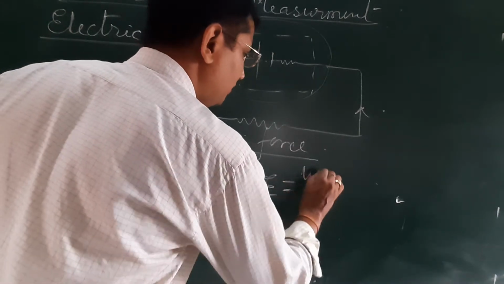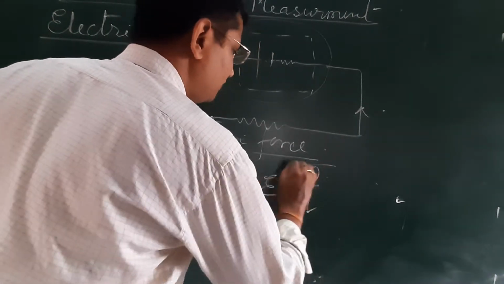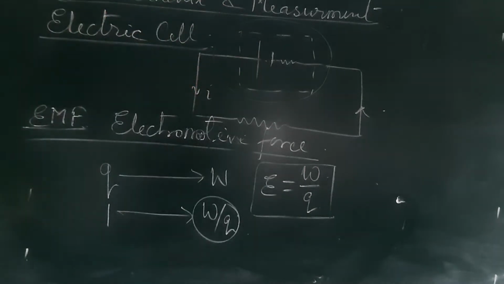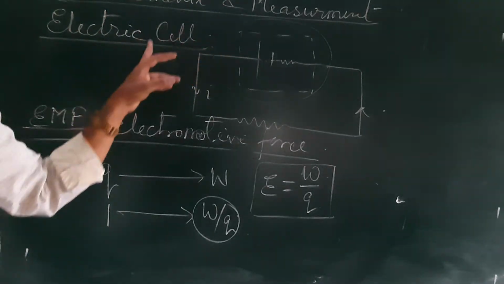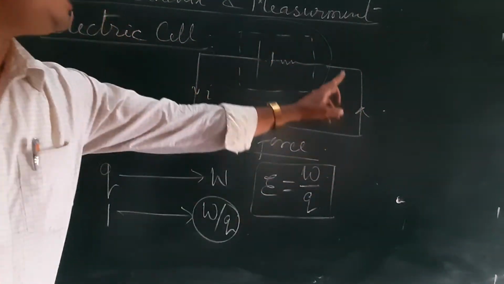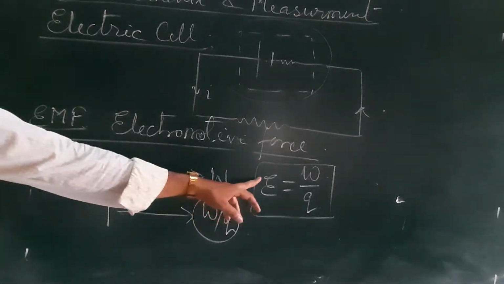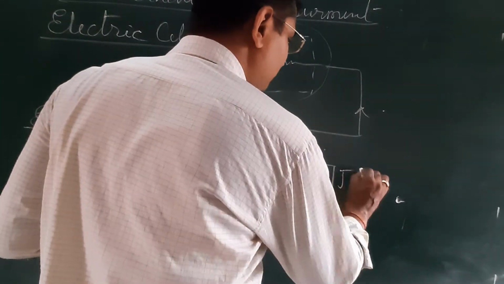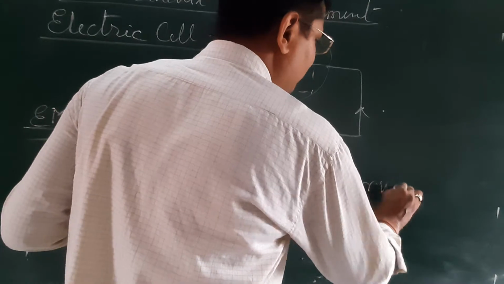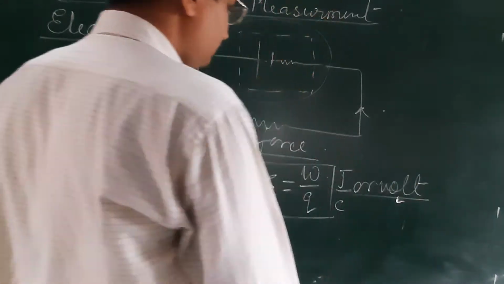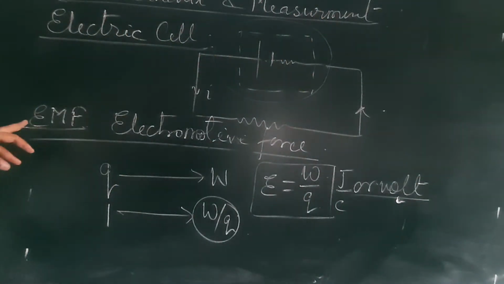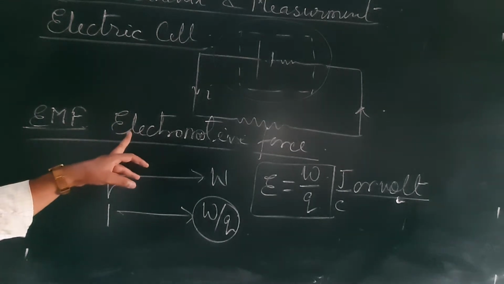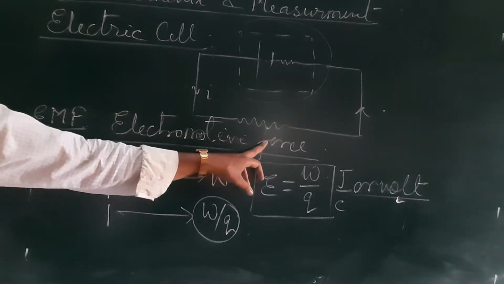EMF of the cell is equal to the work done per unit charge, work done in circulating unit charge through the complete circuit including this cell. Its unit will be joule per coulomb and SI unit will be volt.